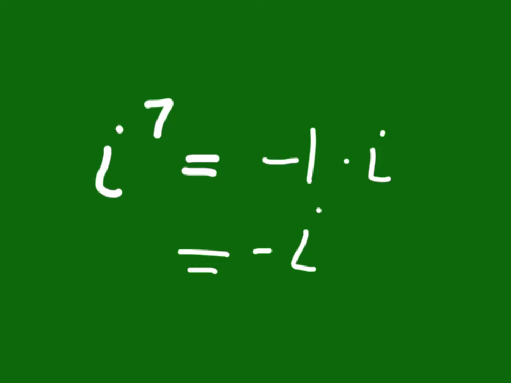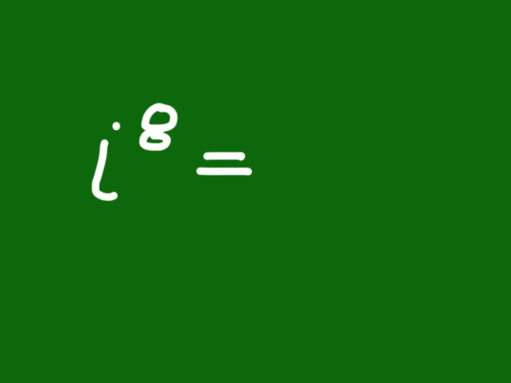The larger the power you go, the more you'll be able to save time. I to the 8th, can anybody remember what I to the 4th was? 1, so how many I to the 4ths are in I to the 8th? 2. 1 times 1 is 1. So I to the 8th is 1.